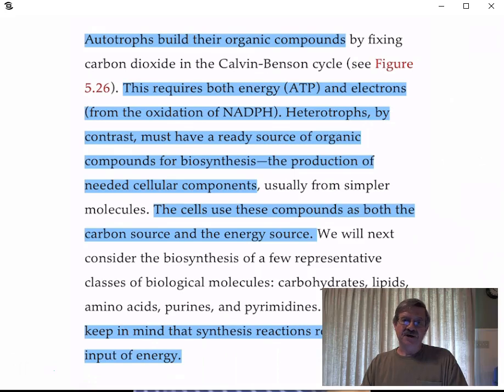So the energy from sunlight is going to be used to make the ATP, and it's going to be used to split the water, and that hydrogen from the water is picked up on the NADP, forming NADPH. And so to do work in the cell, this idea of taking that carbon dioxide, attaching the hydrogens to it, making a larger, more complex molecule like a carbohydrate, it is going to take an input of energy.